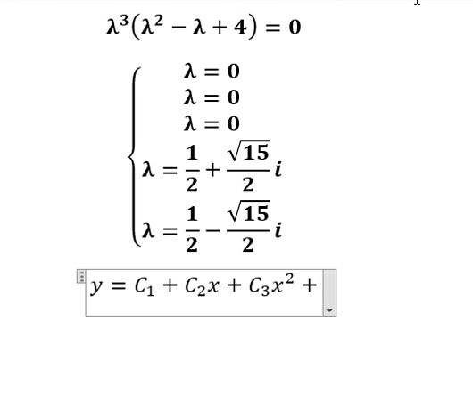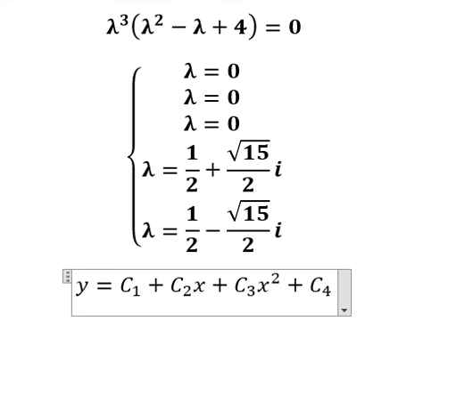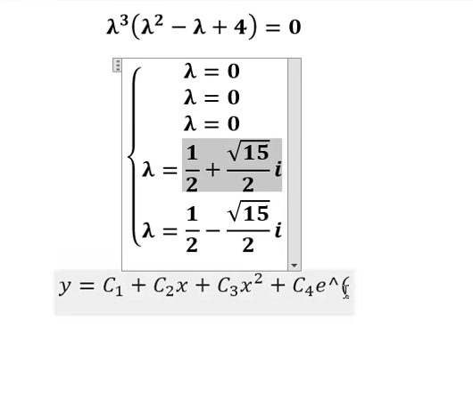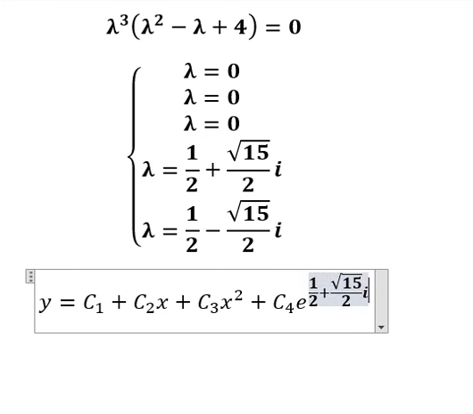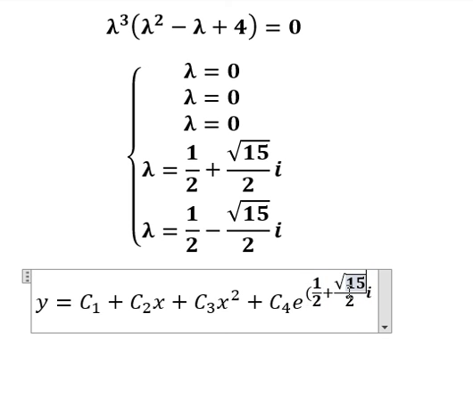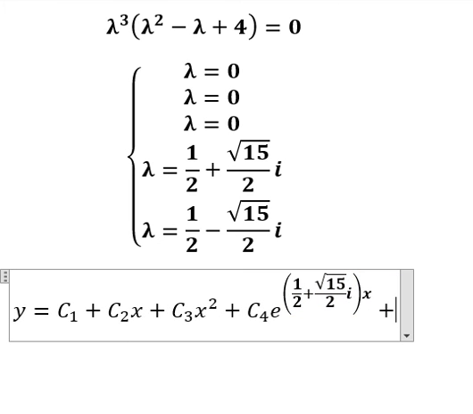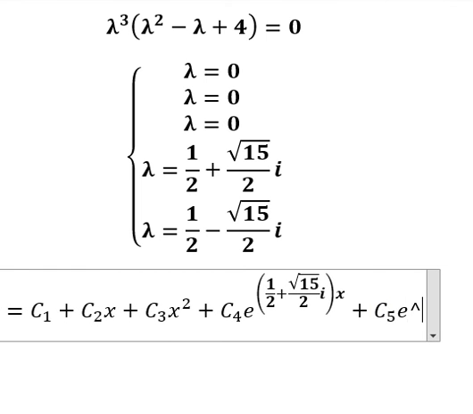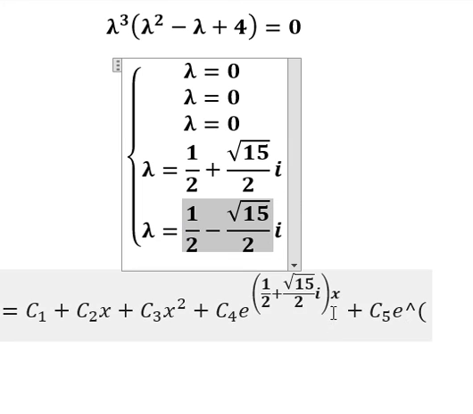The next one, C number 4, that is e to the power of this one. And C number 5, that is this one in here.